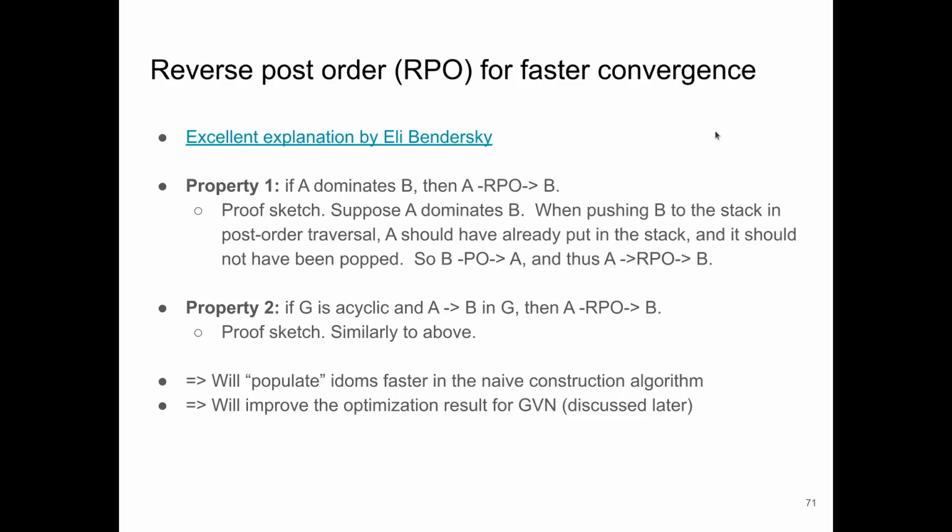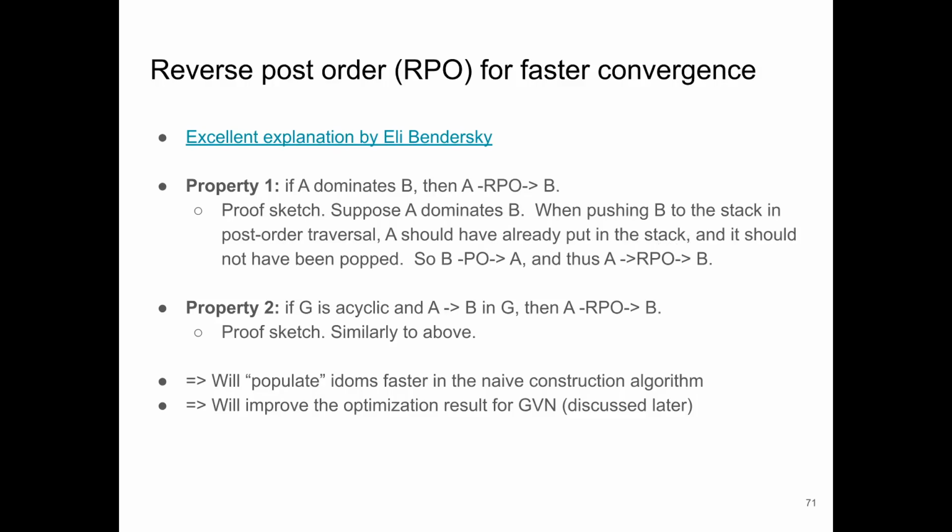And this RPO has very good properties. The first property is that if A dominates B, then A is before B in the reverse post order. Here's a proof sketch I can think of. If A dominates B, then when pushing B to the stack in the post order traversal, A should have already been put in the stack, because the traversal of B is not finished.